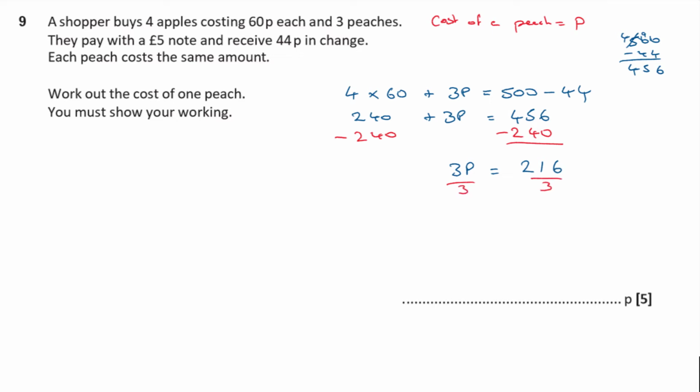Okay, so what's p then? Well, what is 3 into 216? 3 into 2 doesn't go. 3 into 21 goes 7 times, and then 3 into 6 goes twice, so that's 72. Okay, so that tells me the cost of a peach is 72p.